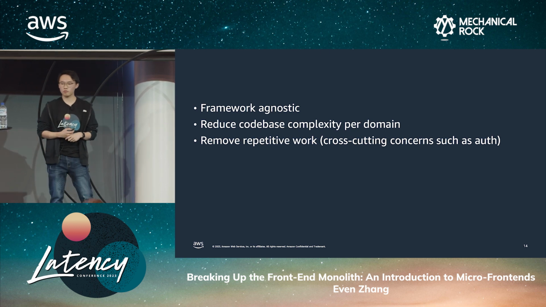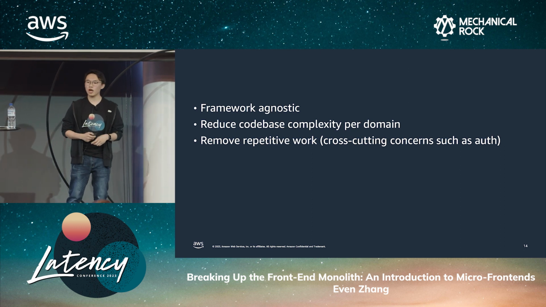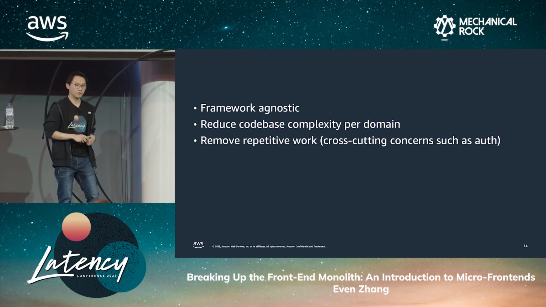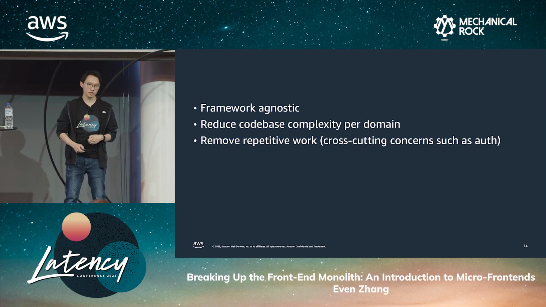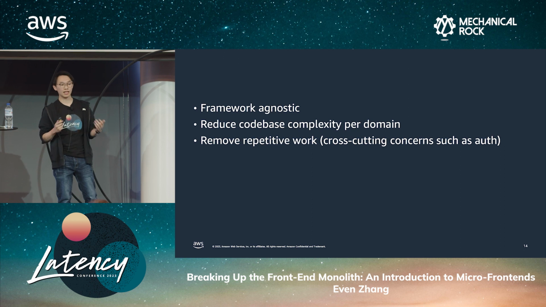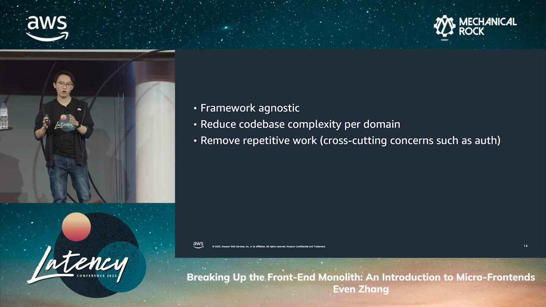It's also helpful for removing repetitive work. With micro front ends, you're able to share the things that you want to share. For example, sharing the authentication mechanism, the login mechanism, the data analytics mechanism. So each of the teams can really focus on working on their specific domain, solving their domain problems.